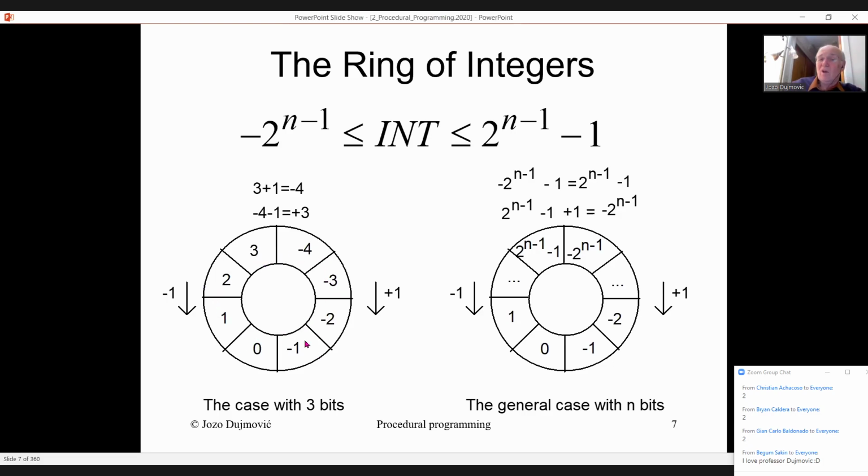We go left, right, no problem. But if we jump from the largest positive number, we are going to go to the largest negative. If we subtract from the largest negative, we jump into positive numbers and get completely wrong results. So this is something that has to be taken into account very seriously, that happens in programs that you write.